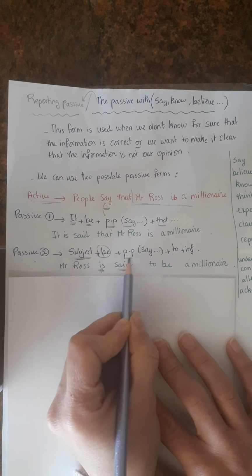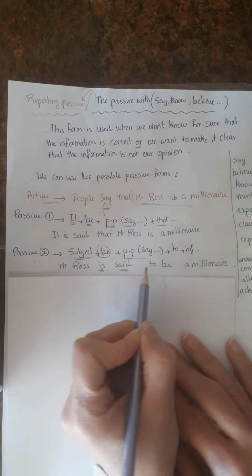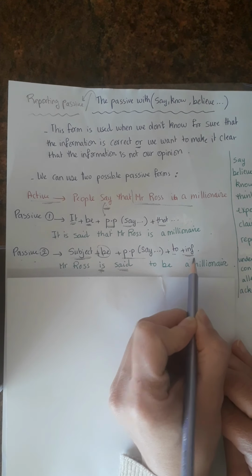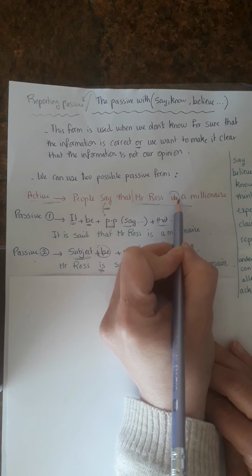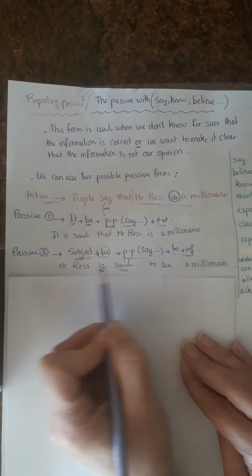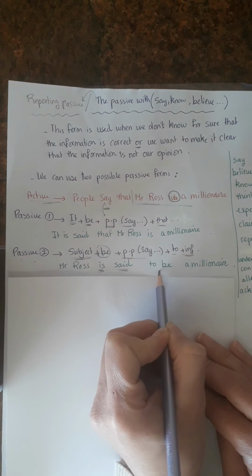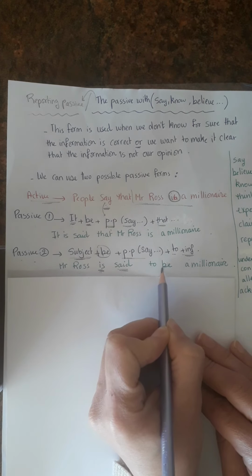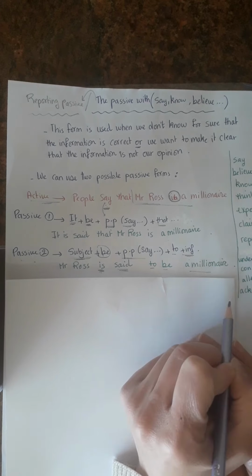This is the past participle form of the verb say. According to the rule, to and the infinitive form of the main verb. So this is the main verb, which is. So Mr. Ross is said to be. We took the infinitive form of is, which is be. To be a millionaire.